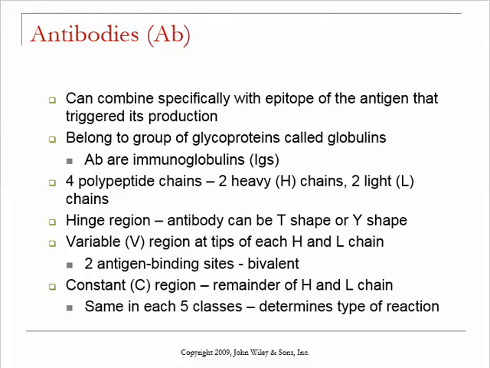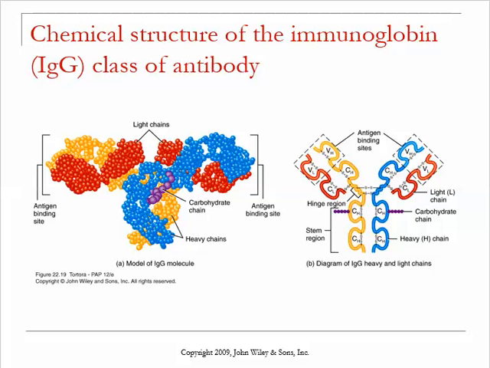I'm not really too worried that there are 4 polypeptide chains, heavy chains and light chains, and a hinge and a variable region and a constant region. But what's important is that there are 5 classes of them, and each class determines a different type of reaction. So this one happens to be an IgG, immunoglobulin G class.